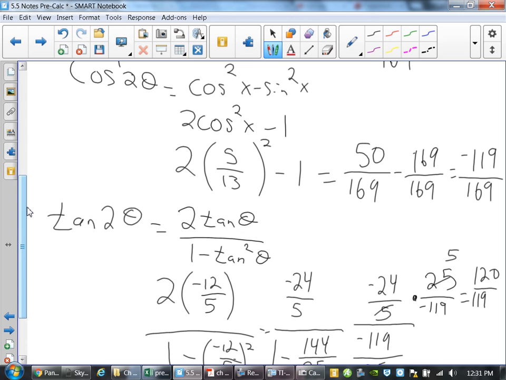The little shortcut I was about to show you is, if you already found the sine and the cosine, isn't tangent sine divided by cosine? So would tangent double angle be sine double angle divided by cosine double angle?